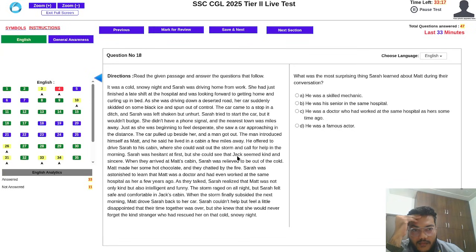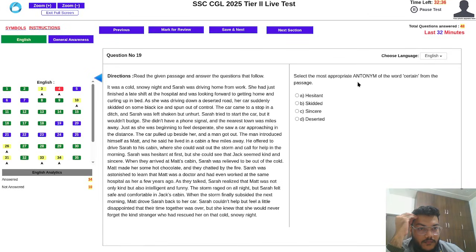जैक मैट की बात हो रही तो जैक कहाँ से आ गया? Certain, hesitant.